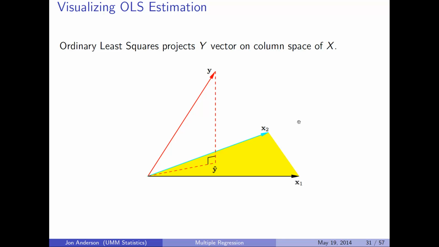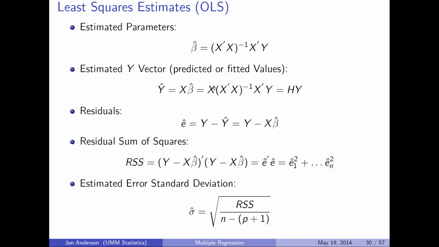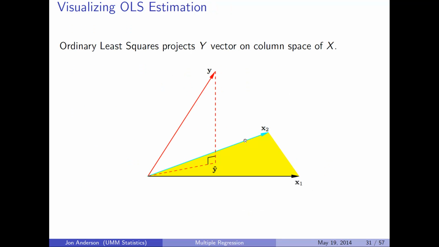Here is the linear algebra and the geometry of what we are doing in this problem. Here is the visualization of the y vector of measurements in high dimensional space. And what we are doing when we use this hat matrix H is we are projecting, taking this y vector that's hanging out there in space and dropping a vertical line down to a space defined by the X matrix.